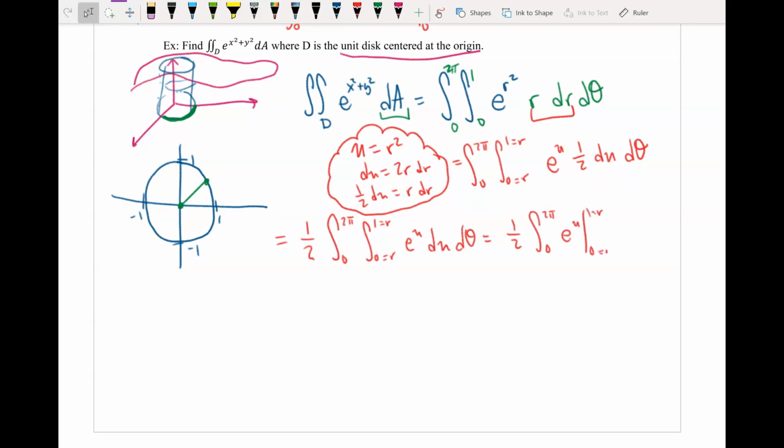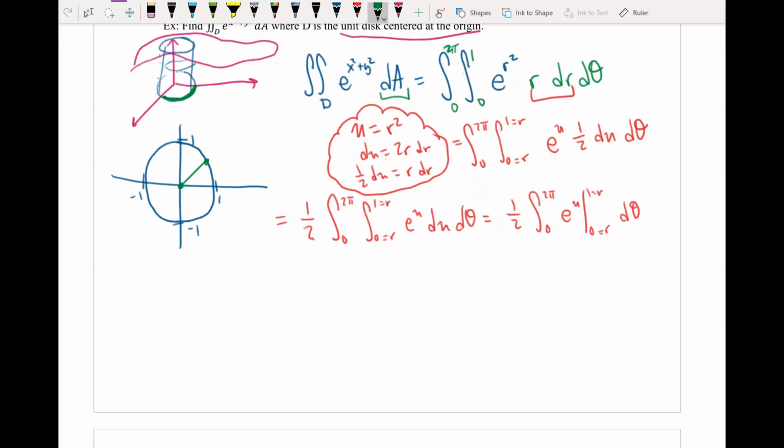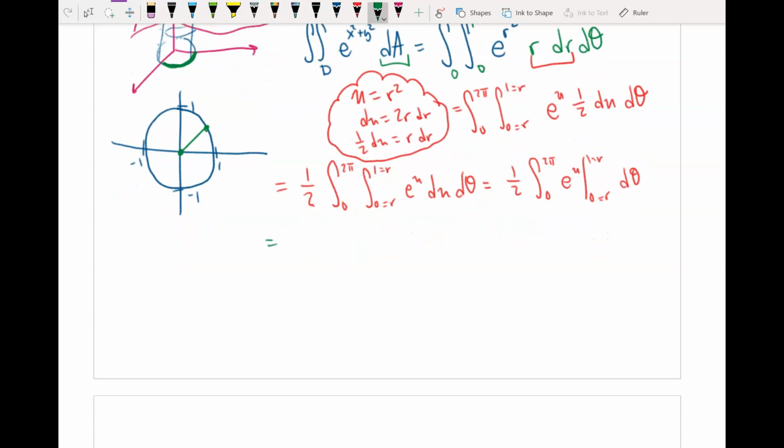Now let me do a substitution back. Let me plug my u back in. So I'm going to have 1/2 integral from 0 to 2 pi, and this is going to be e to the r squared from 0 to 1. And I can get rid of those r labels because now I plugged it back in.